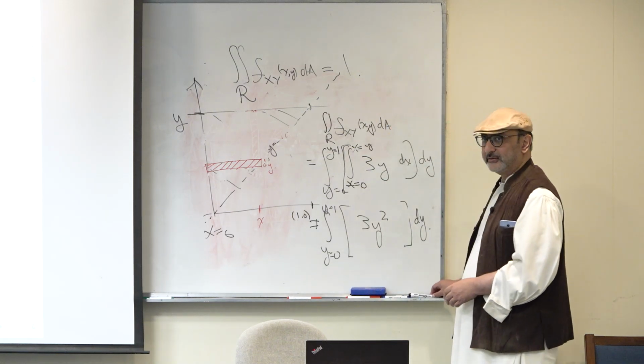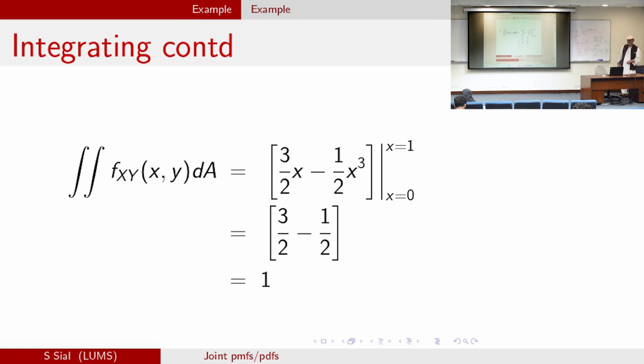So now I have to do one more integral. I have to integrate from y equals 0 to y equals 1, 3y squared dy with respect to y. Right? And that will be y cubed evaluated at 1 and at 0, which will be 1. Okay?